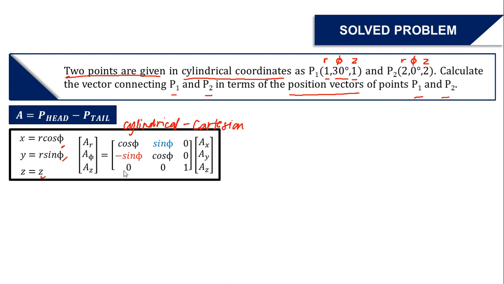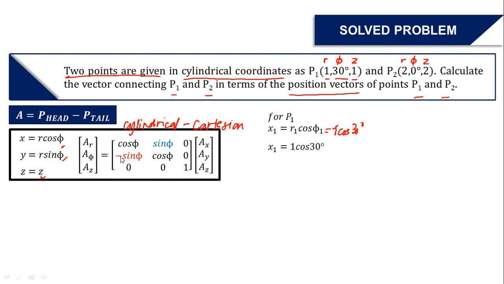Let's start by getting the position vectors of point 1. So, for point 1, yung ating x would be x sub 1 is equal to r sub 1 cosine ng phi sub 1. So, yung ating r sub 1 is 1, then cosine ng 30 degrees. Okay? So, ganyan siya.